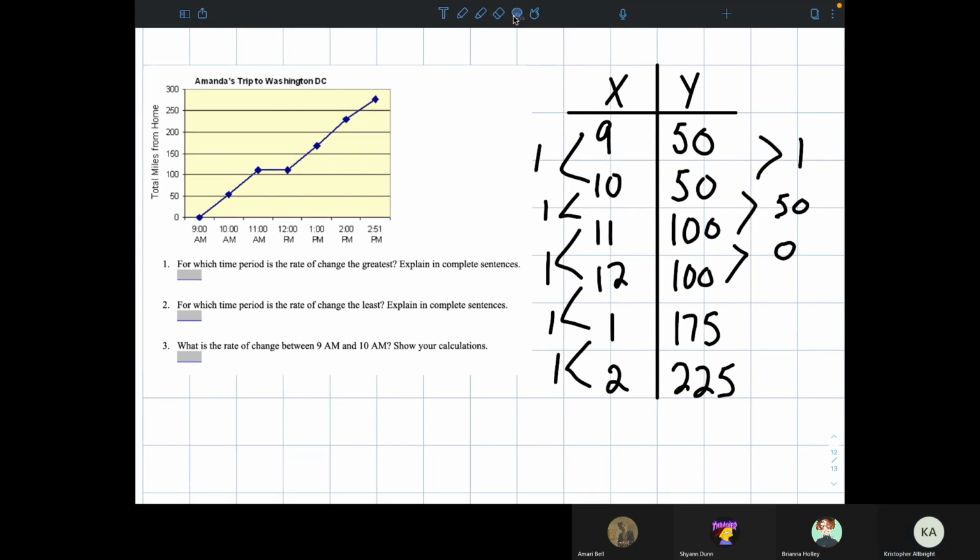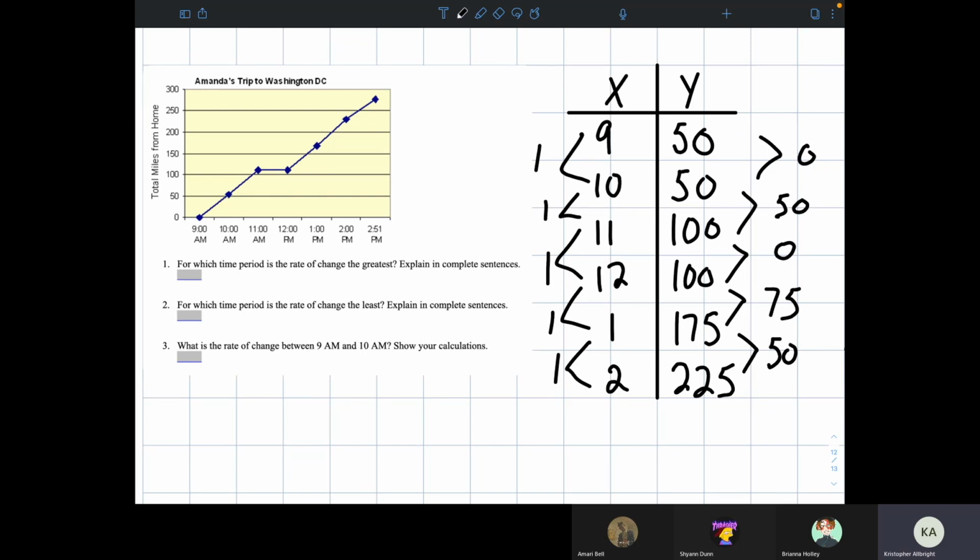I'm sorry, this is not 1, this is 0. Here to here is 75. Here to here is 50, it looks like.